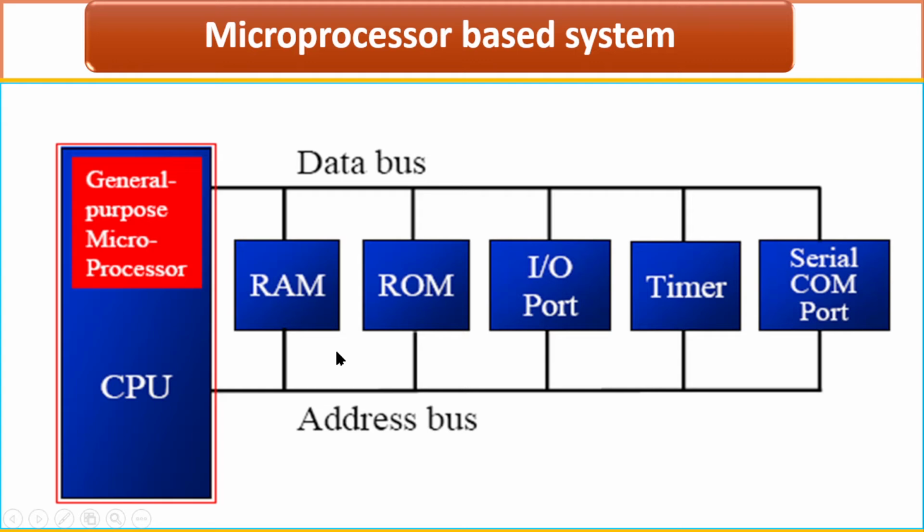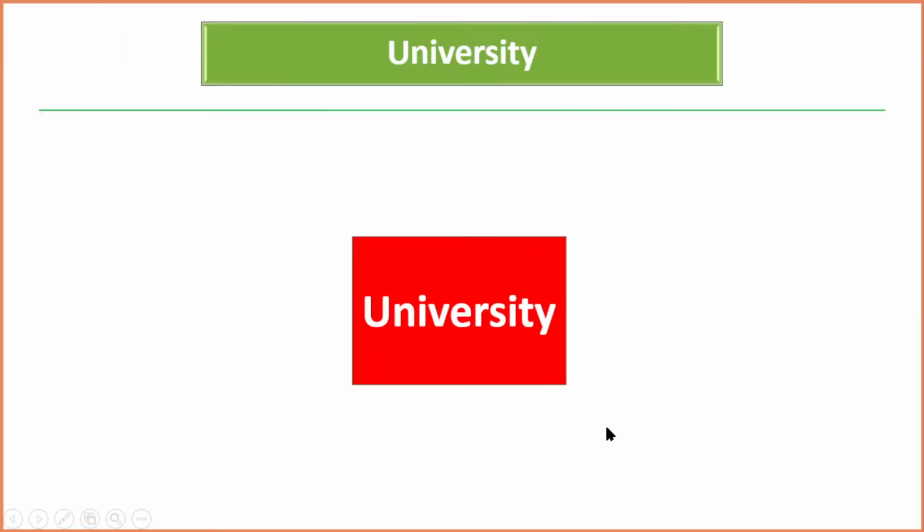When we have a large number of ICs, then there is a possibility that one IC, one pin is broken or any malfunction, so the probability of system failure is higher. So that's the issue here. That's why we are going for the concept of a microcontroller.